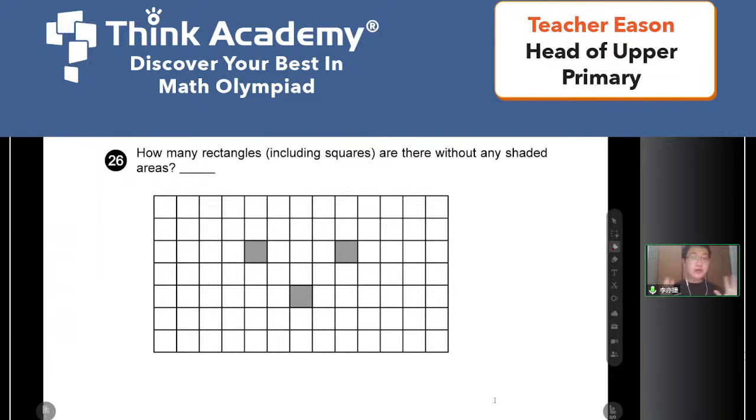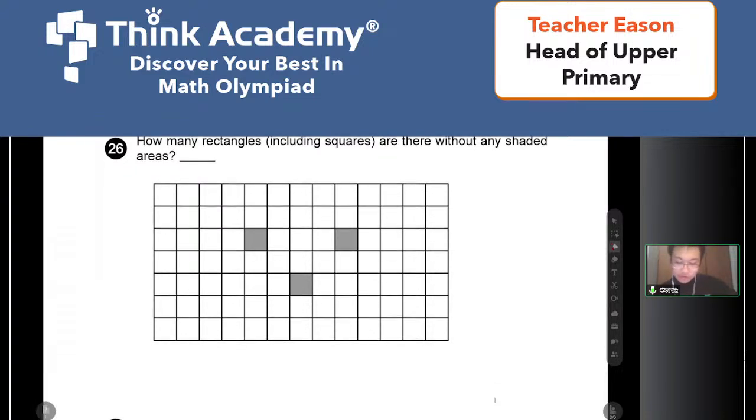Normally, if we want to calculate something without something, we can think of it in a converse way, by calculating how many rectangles there are that contain those shaded regions. So this is about figure counting using permutation and combination. The first thing is we can use permutation and combination to calculate the total amount of rectangles.